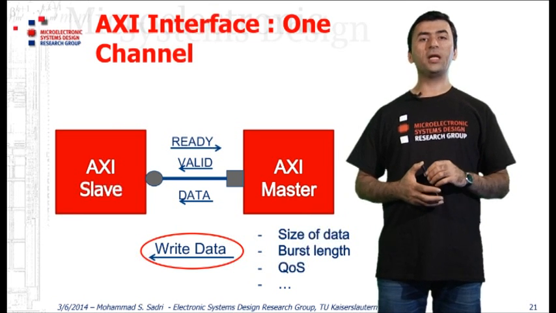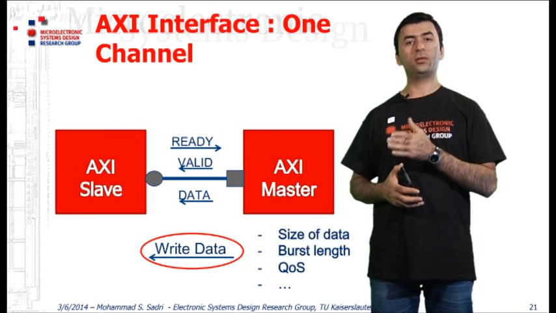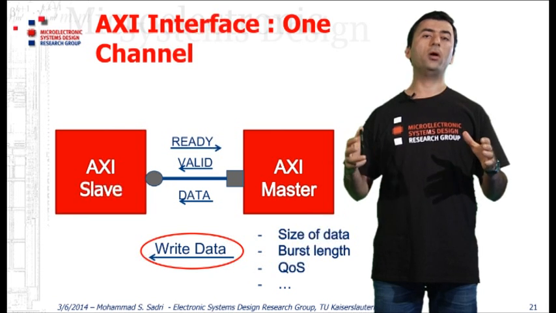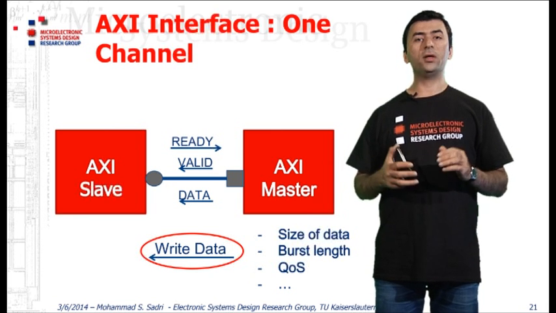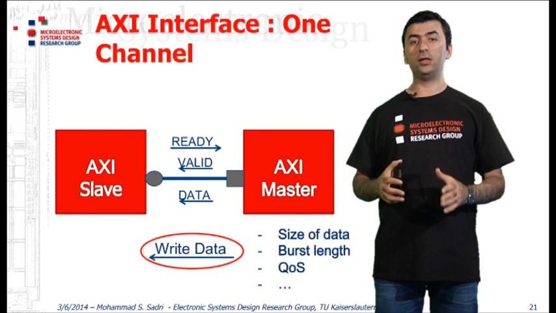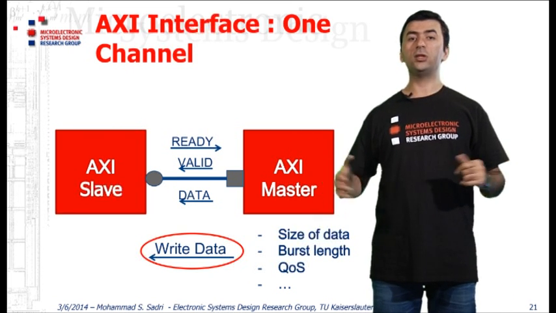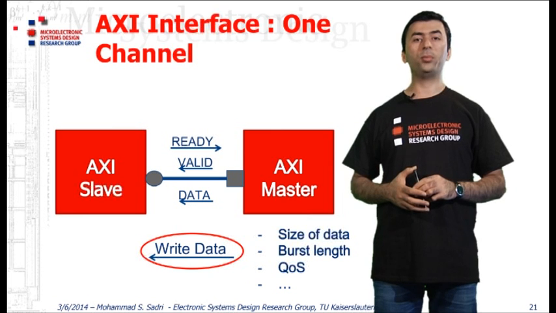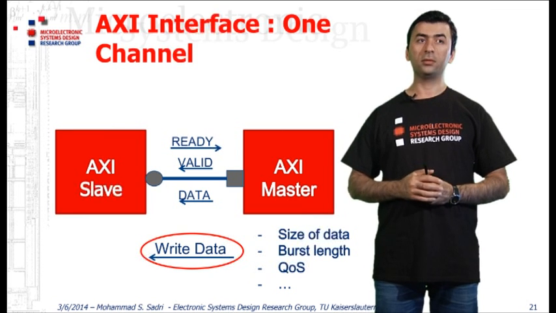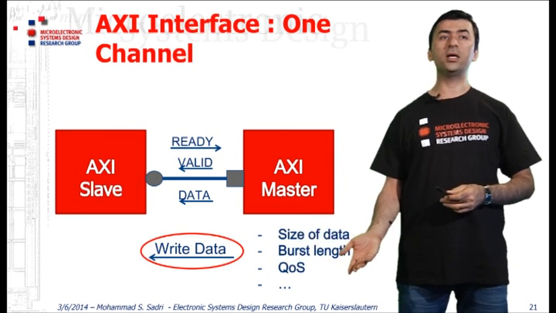You can transfer data in single beats each time, for example, 1 word of data, or 1 byte of data, 16 bits of data. Or you can transfer data in bursts. Each time you can transfer, for example, 256 bits of data continuously without interruption. Then in that case, we need the burst length.